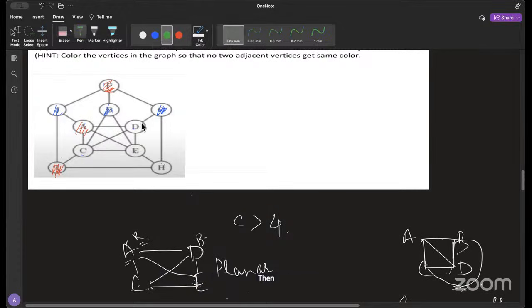Then in this one, if you use green here, you can use green here, and we have to use another color, and then one more color you'll need. Let's try to see if it can be done in 4 colors. I think it's possible in 4 colors. Let's try that.